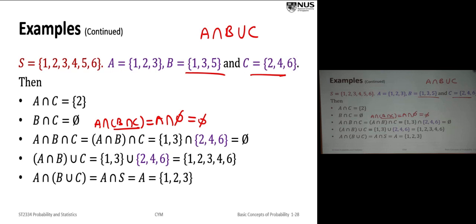But to ensure there's no ambiguity, you had better put brackets there to identify which one you want to do first. Make sure you remember this important fact: if the operations are mixed, the order is important. If there is only one type of operation, it doesn't matter.